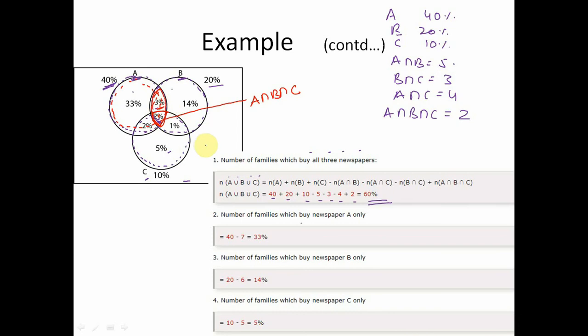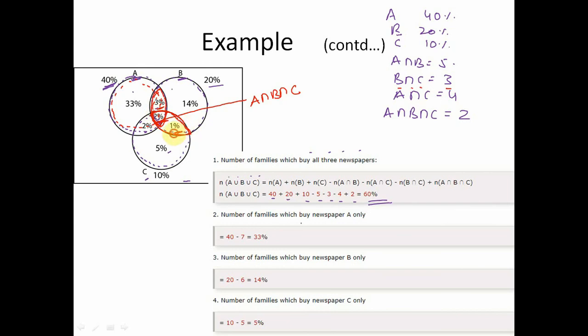Similarly, I have been given B intersection C is 3%. So B intersection C is 3% means this region and this region. So this region is 3%, but once again, out of this 3%, 2% is used by this middle region. So what it leaves is 1%.